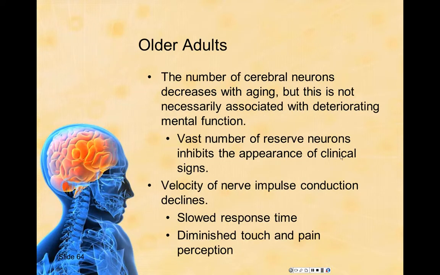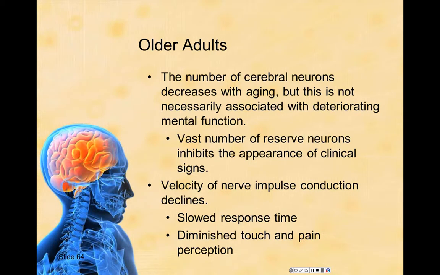In older adults, you do have a decrease of cerebral neurons with aging, but it does not necessarily cause deterioration of mental function, because we typically have vast numbers of reserve neurons that we are born with.